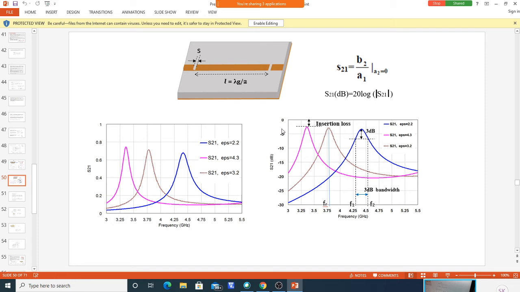So see, if you take S21 as 1, that is without losses, then it may coincide with 0. But it is always lesser than 1, because there is always a loss in a practical network. So lesser than 1 means it is negative here. You see here, minus 5, minus 10, minus 15, and minus 20 is lesser than 0 dB.